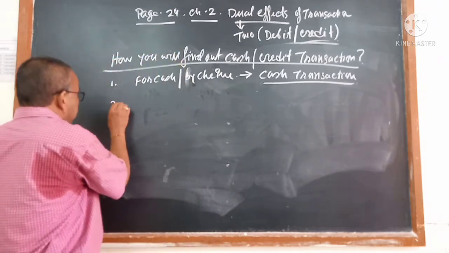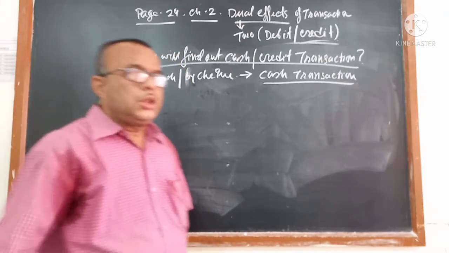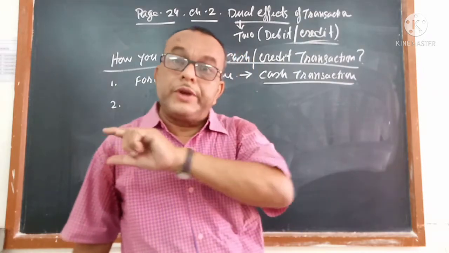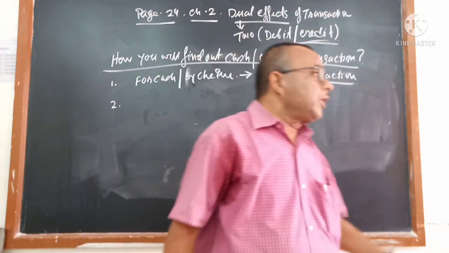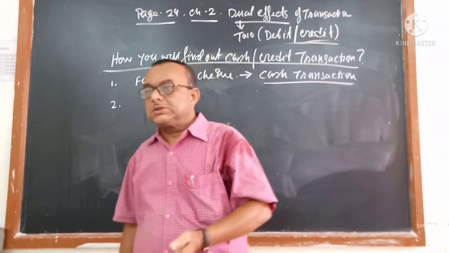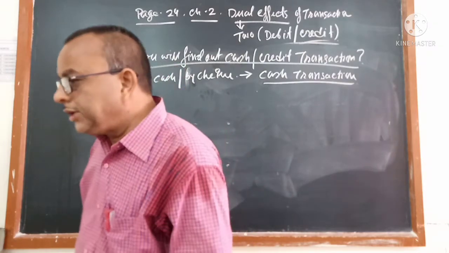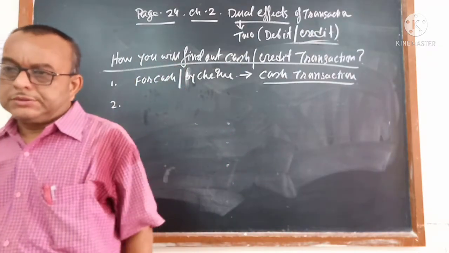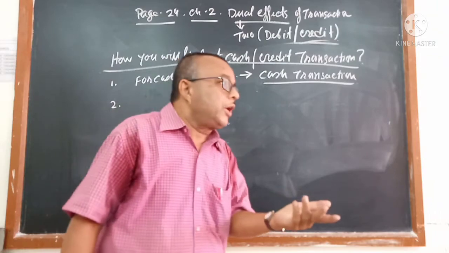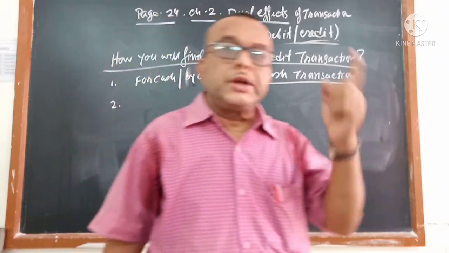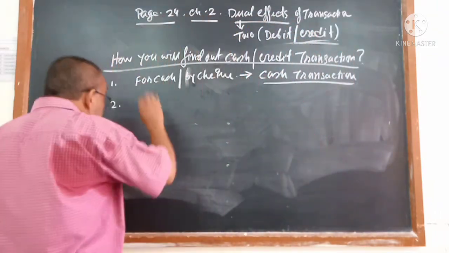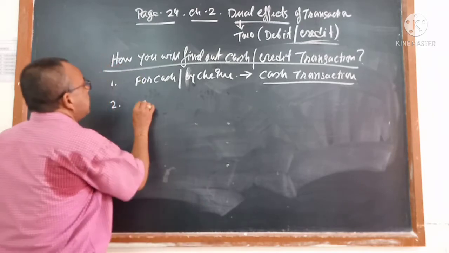Now the second point. Suppose you read your sentence very carefully and could not find the words for cash or by check. Nowhere was it written. Then, as the second point, we try to find out whether anywhere in your sentence it says on credit.